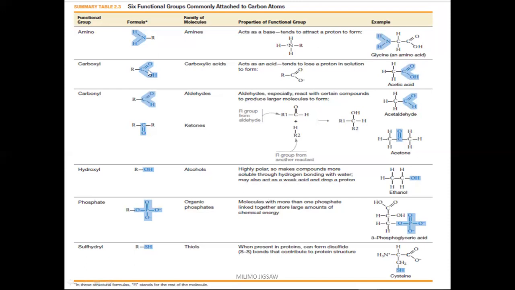Amino groups are important components of amino acids and nucleic acids. So we're going to find an amino group in nucleic acids and also in amino acids.